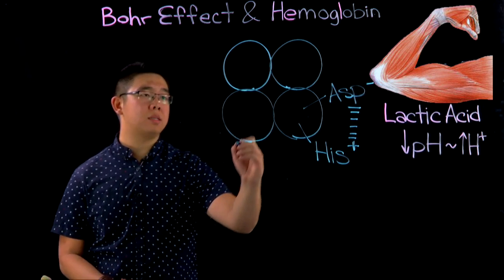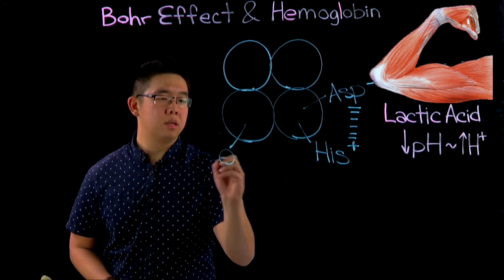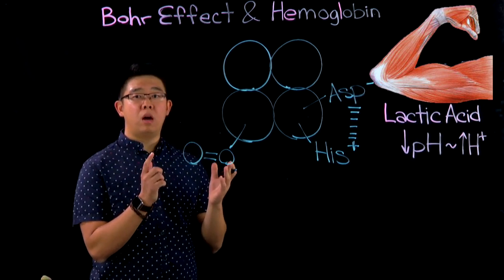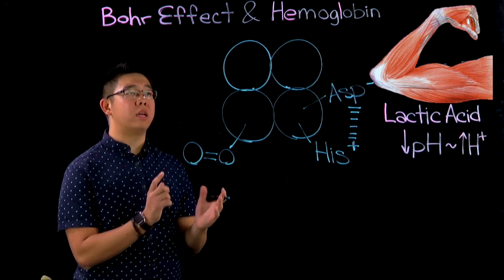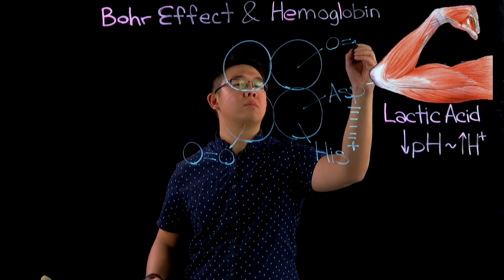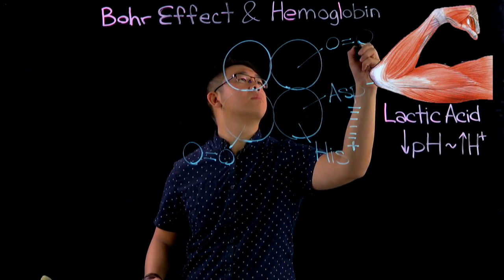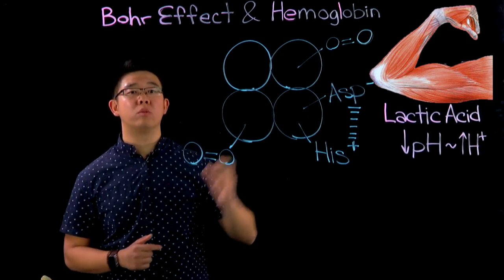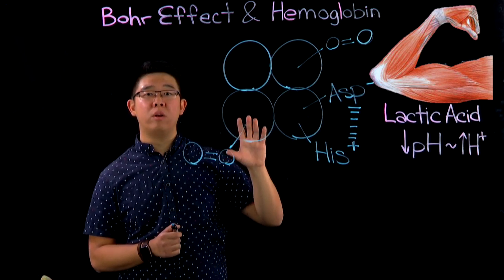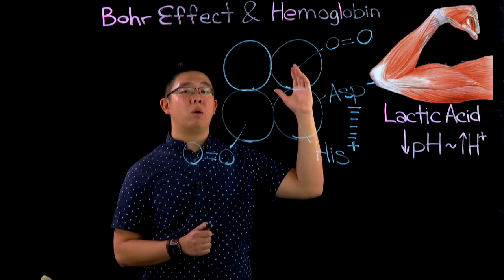Let's say that this hemoglobin is oxygenated. It has an oxygen on it, and let's say it's holding multiple oxygens. Because it's holding multiple oxygens, this change in structure really interferes with how it's able to hold on to oxygen.